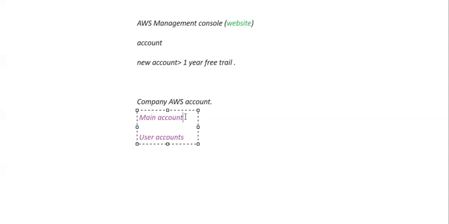Now what do we call this main account that the company owner creates in AWS? We call this main account the root account. From this root account, the company is providing you user accounts.